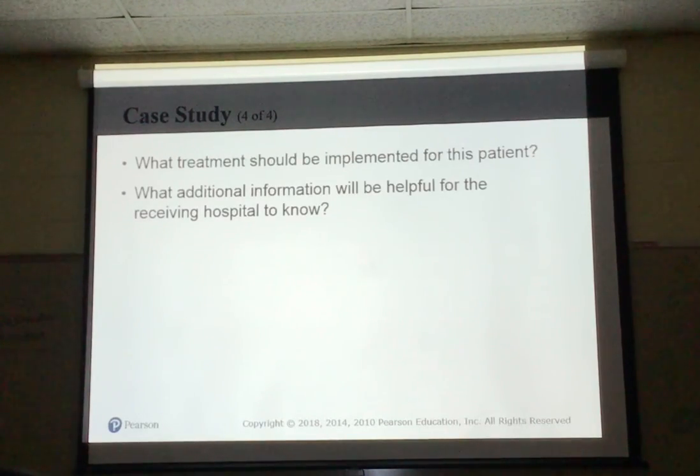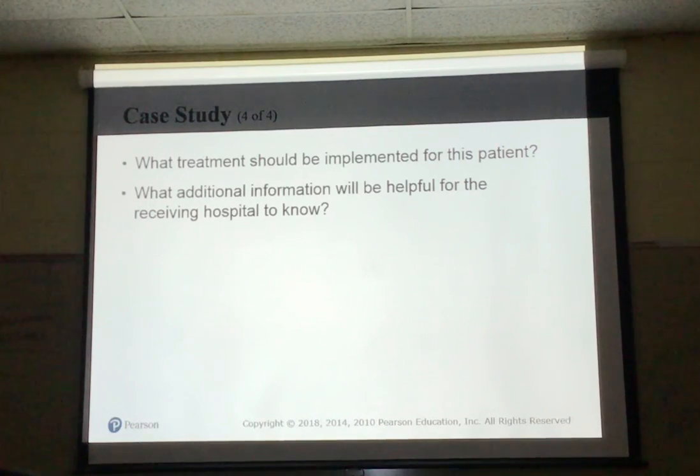So what additional information is going to be helpful for the receiving hospital to know? He's already taken nitroglycerin, his vital signs, and past medical history if you can get it. Because he said it's worse than his normal angina.